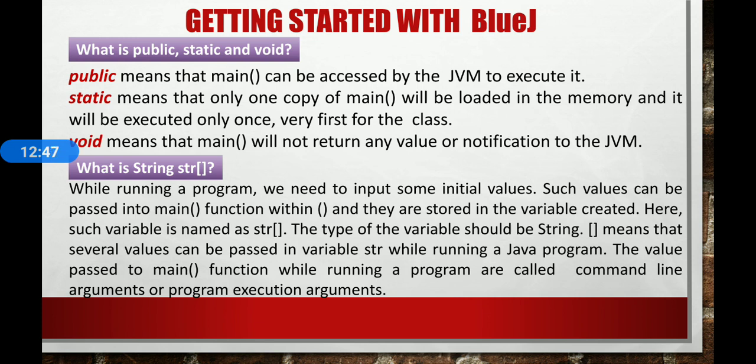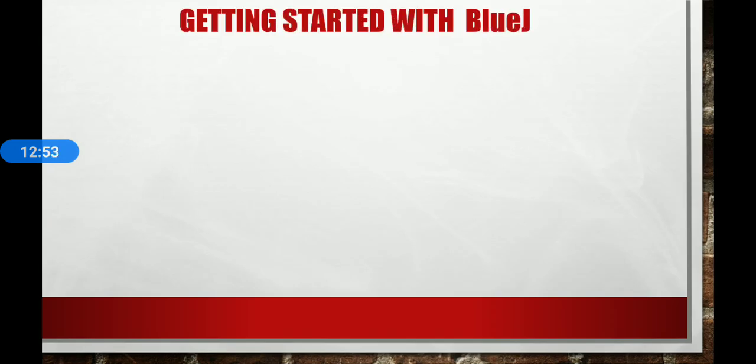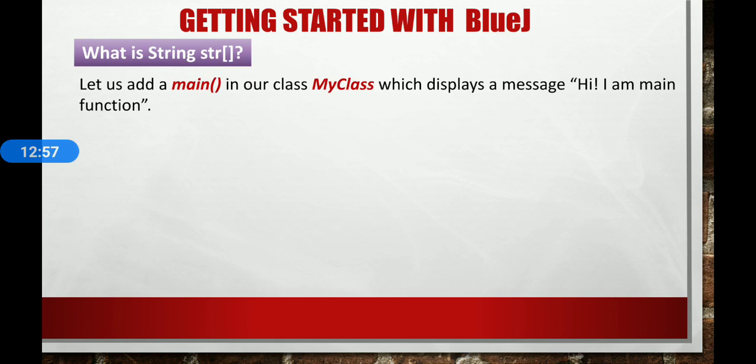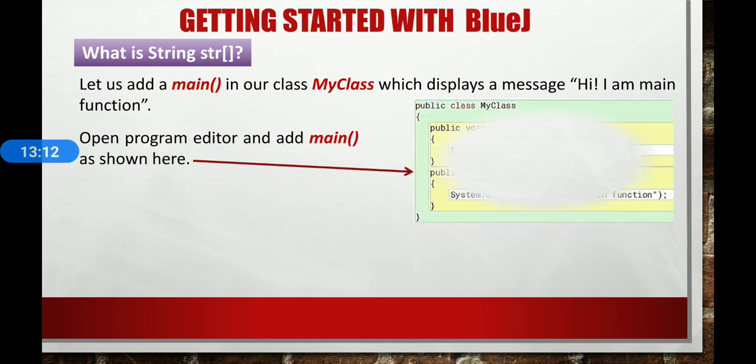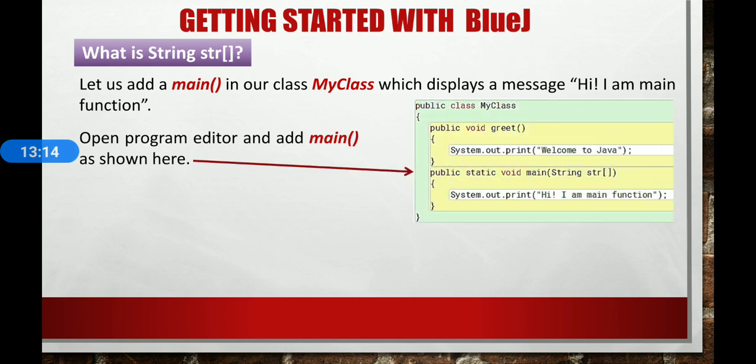Let us add a main function in our class, my class, which displays a message, "Hi, I am main function." Open the program editor and add main as shown here.